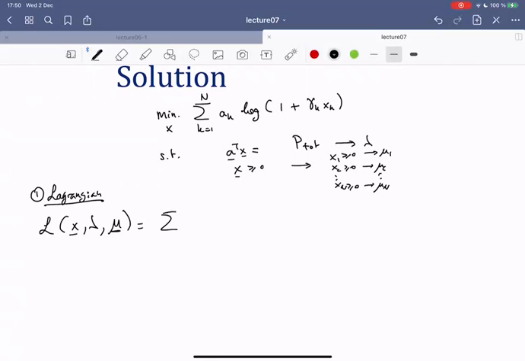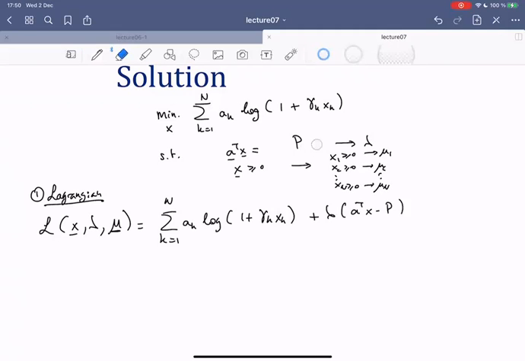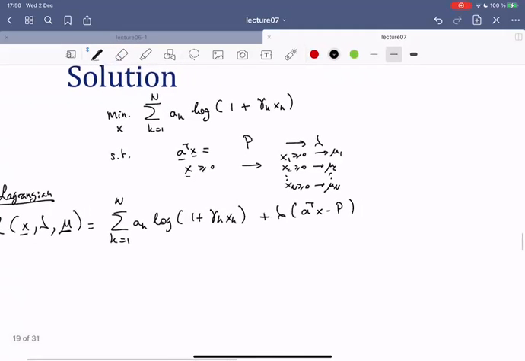And this is equal to sum k from 1 to n, a_k log(1 plus gamma_k x_k), plus lambda times a transpose x minus p, okay, call this p, minus sum l from 1 to n, x_l mu_l.